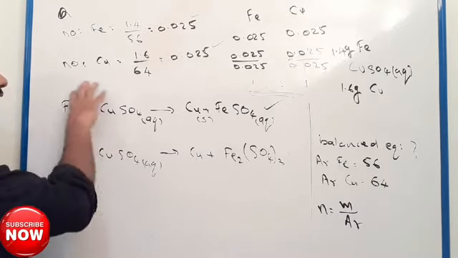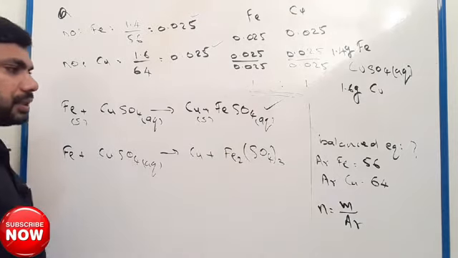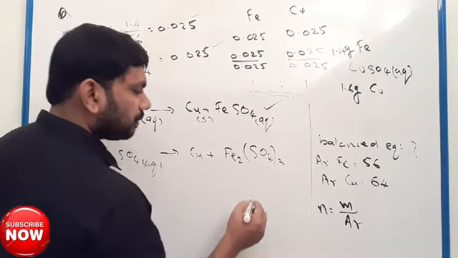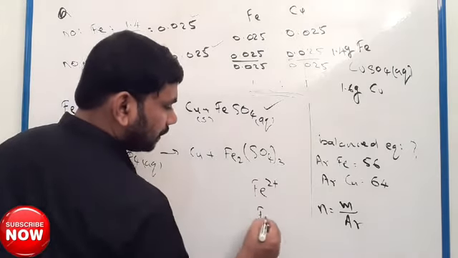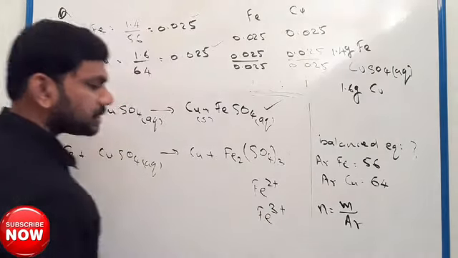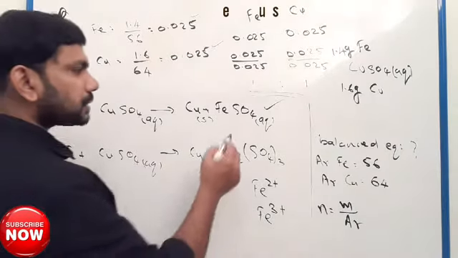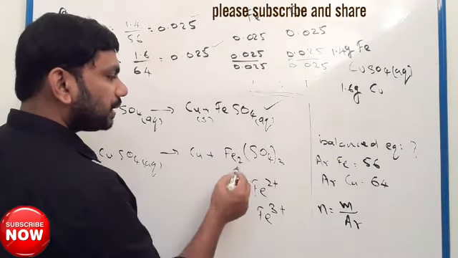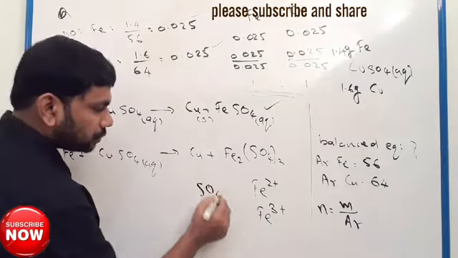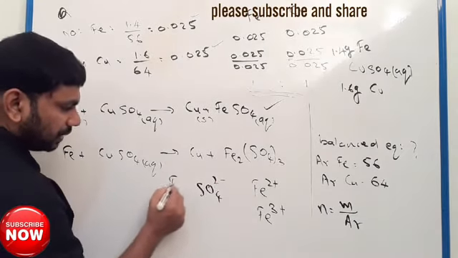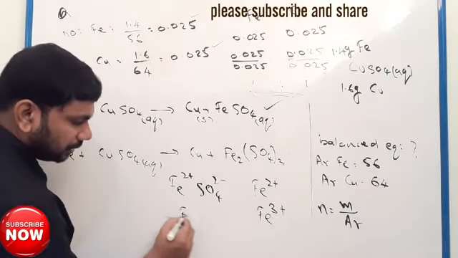Iron reacts with aqueous copper sulfate, and copper and iron sulfate are formed. You know there are two different types of iron ions, Fe2+ and Fe3+, two oxidation states for iron. So there are two possibilities for iron sulfate. With Fe2+ and SO4 2-, the formula will be FeSO4.